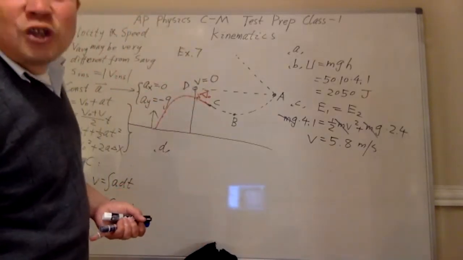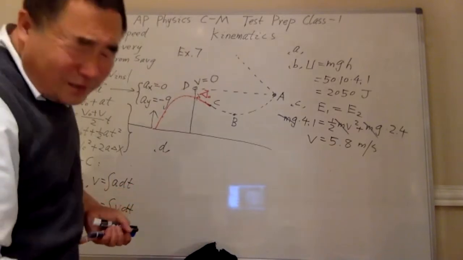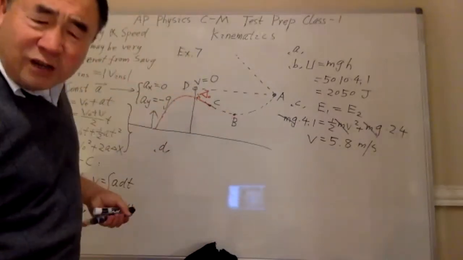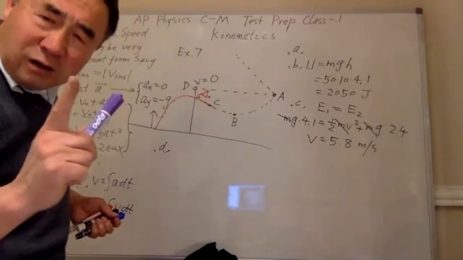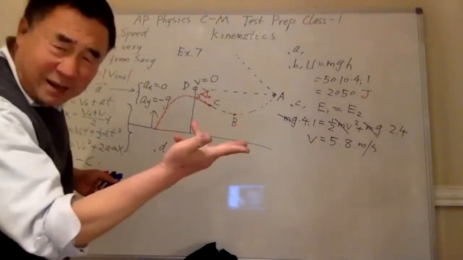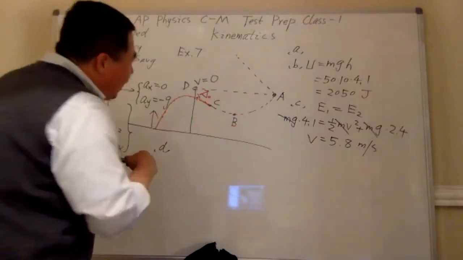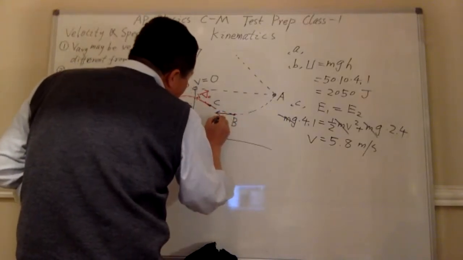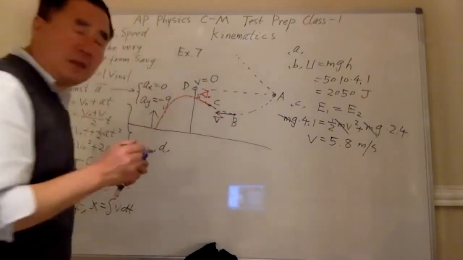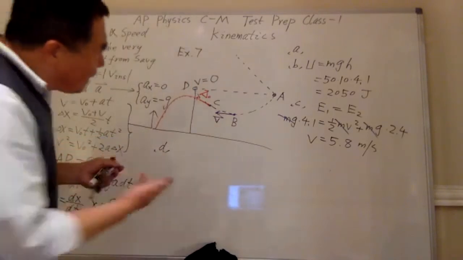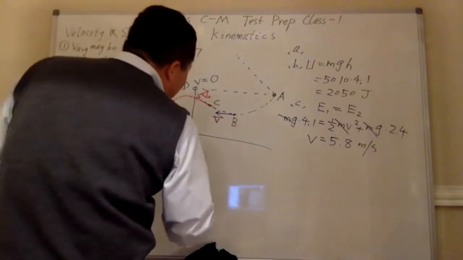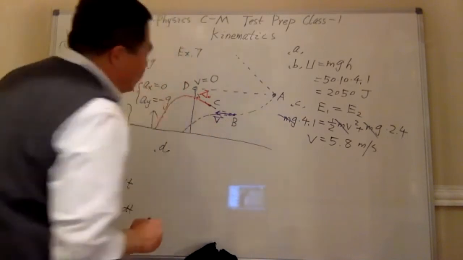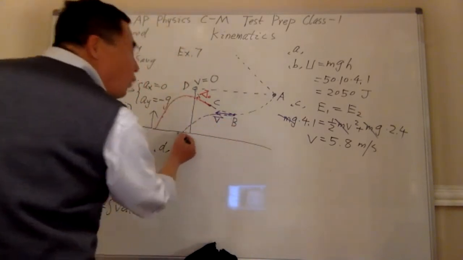Again, you need to know what? When they release the rope, the velocity is always tangent to the trace. So velocity is always like that, and everybody knows they will go this way.